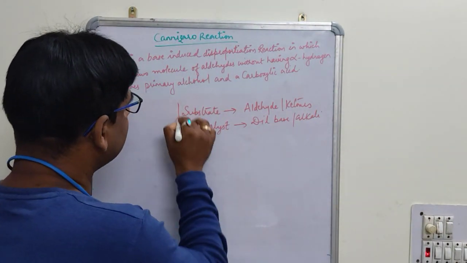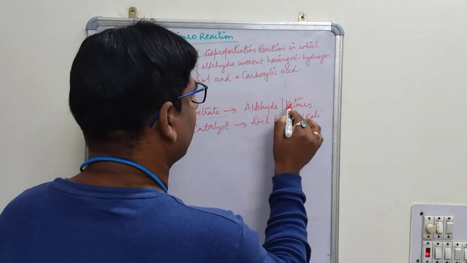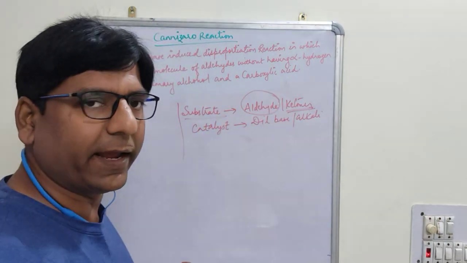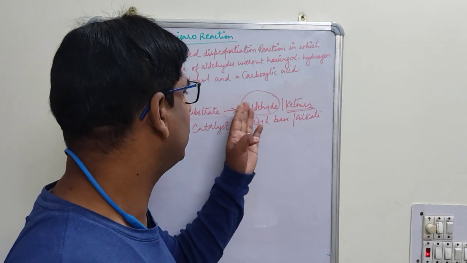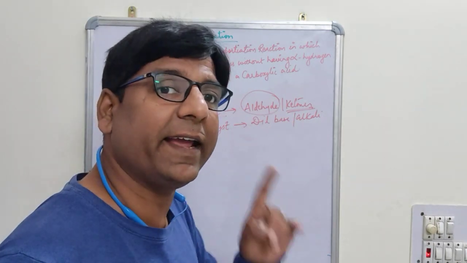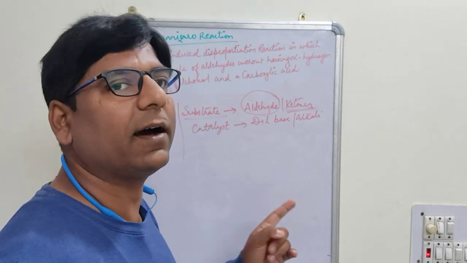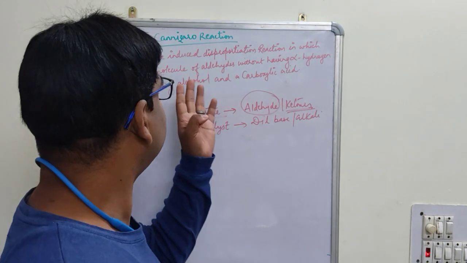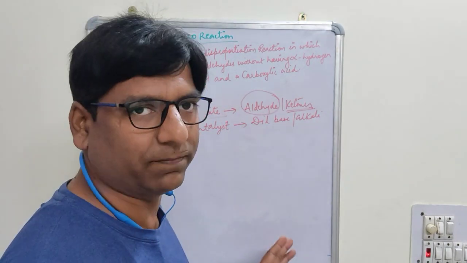Now here in this Cannizzaro reaction, the substrate remains the same. We will not use a ketone; we will use an aldehyde. In the aldol condensation, we used aldehydes and ketones which contain alpha hydrogen; at least one alpha hydrogen must be there. But in the Cannizzaro reaction, we do not require any alpha hydrogen.